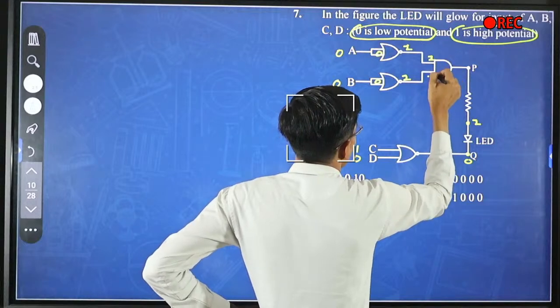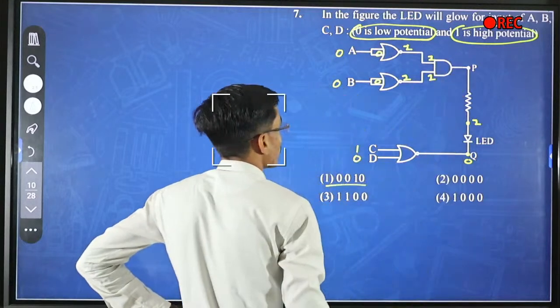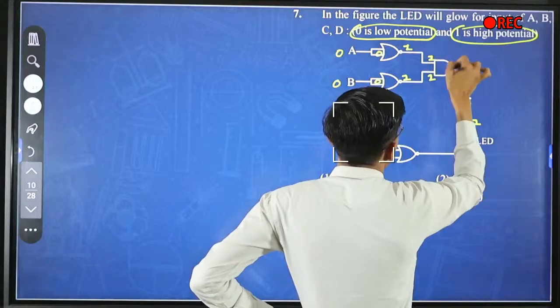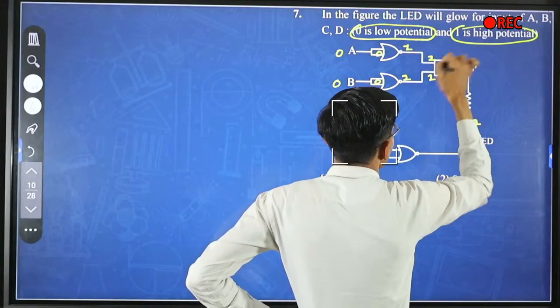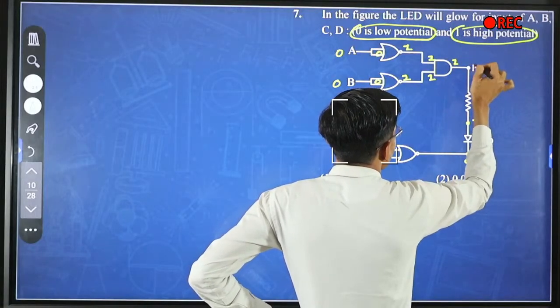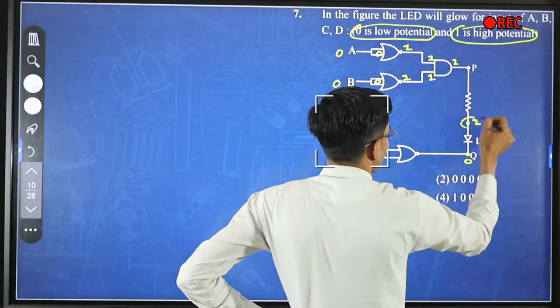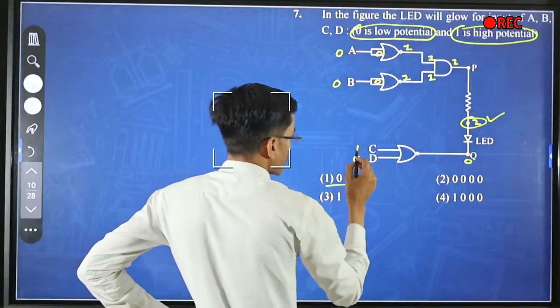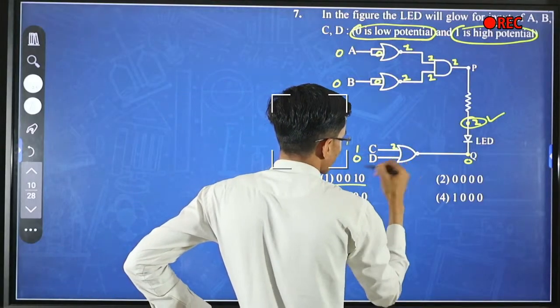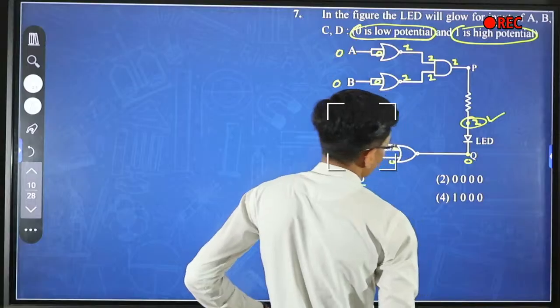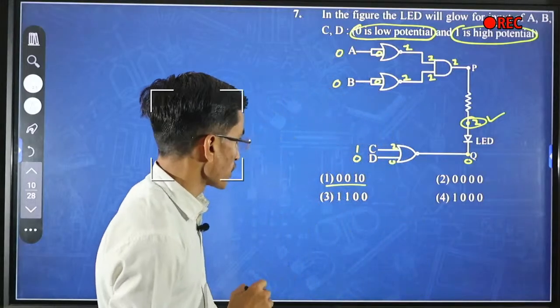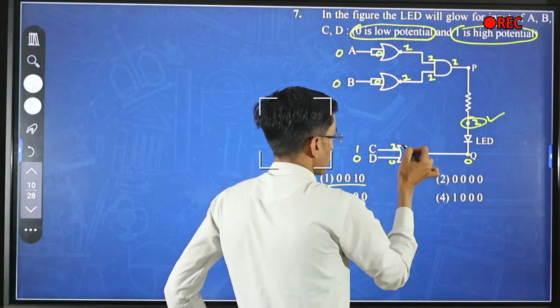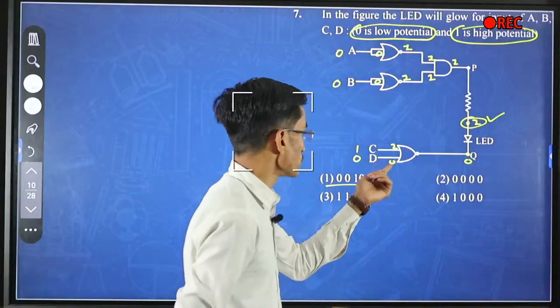Now 1 1. This is an AND gate. From the AND gate we know that the output at this point will become 1. Okay, so 1 has come. Now for CD, this is 1, this is 0. This is our NOR gate. So for the NOR gate, 1 plus 0 is equal to 1.